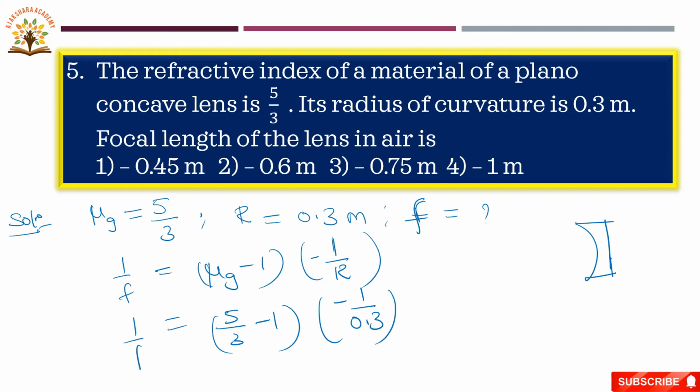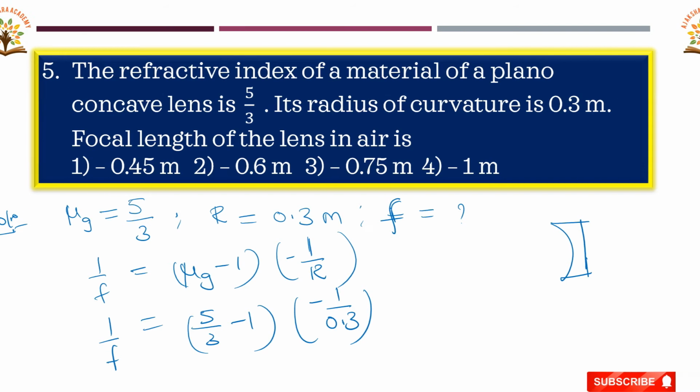So 1 by f is equal to (5 minus 3) by 3 into 10 by 3 minus 10 by 3. So 1 by f is equal to 2 by 3 into minus 10 by 3.